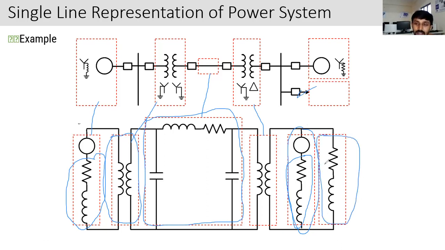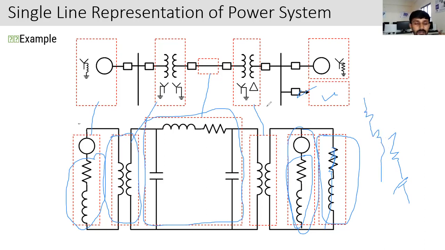So the load is connected here, but a load may be only megawatts, not at unity power factor. So you can directly show it as a resistance, but if it is lagging or leading, for a leading power factor you can denote resistance and capacitance, and for a lagging power factor you can denote resistance and inductance.